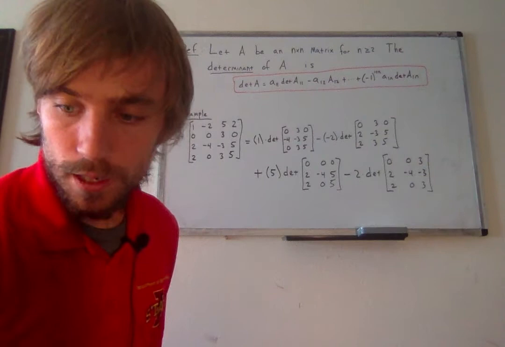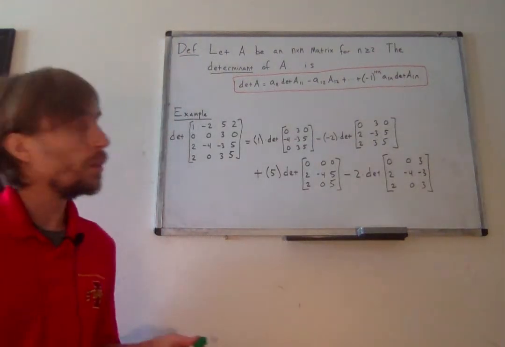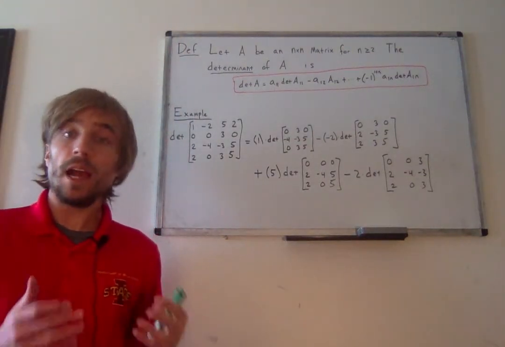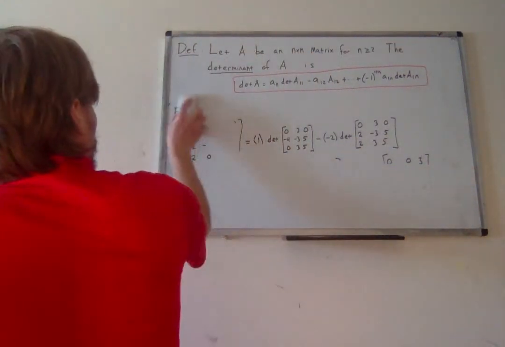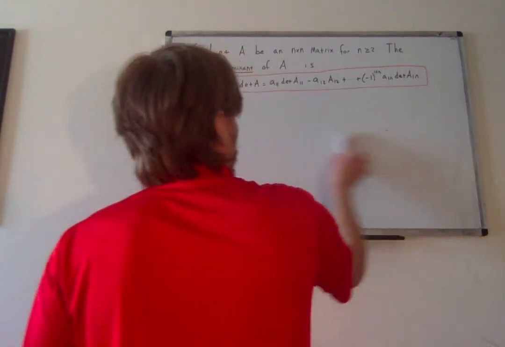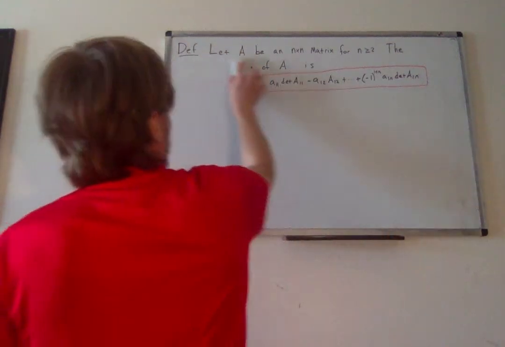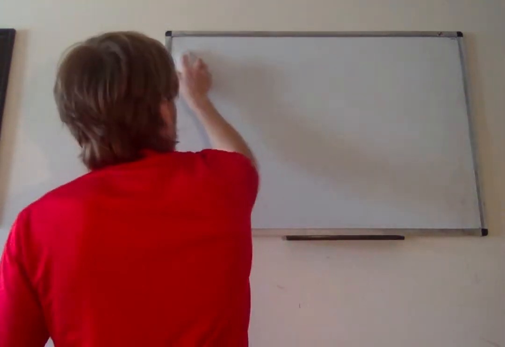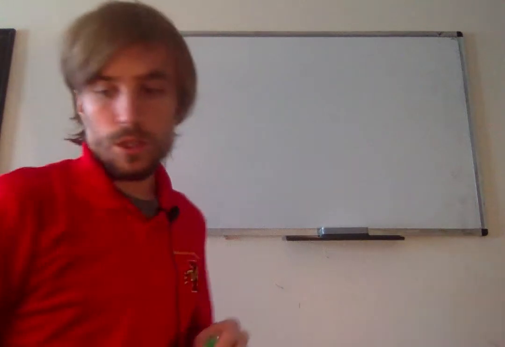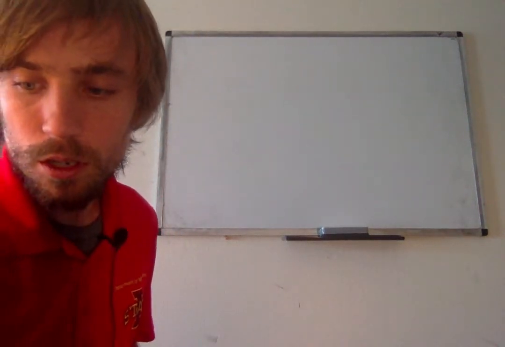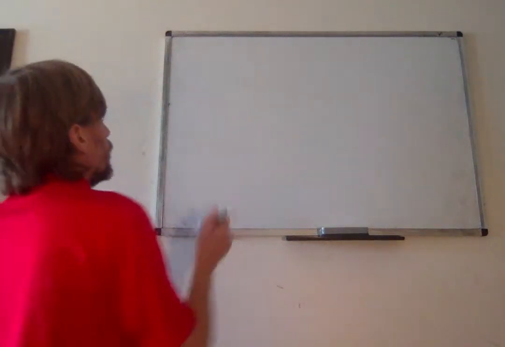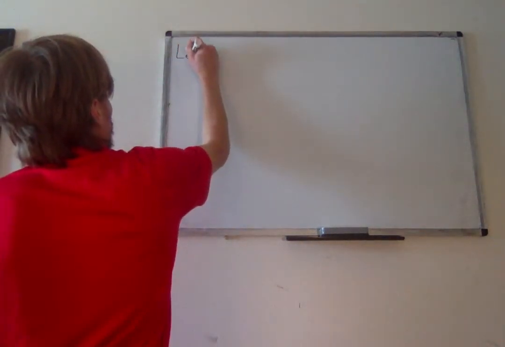To do that, I want to go back to how we calculated the determinant of a 3 by 3 matrix, and look at maybe a different way we could have done it. To do this, I want to, for a brief moment, recall our general 3 by 3 matrix.